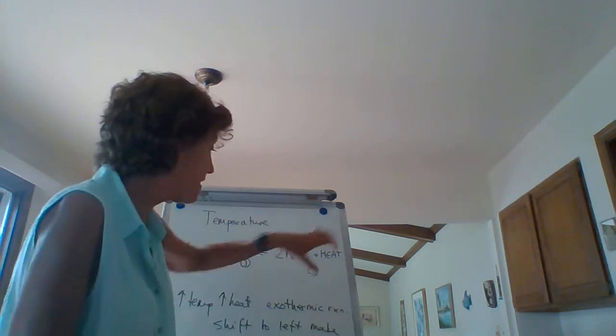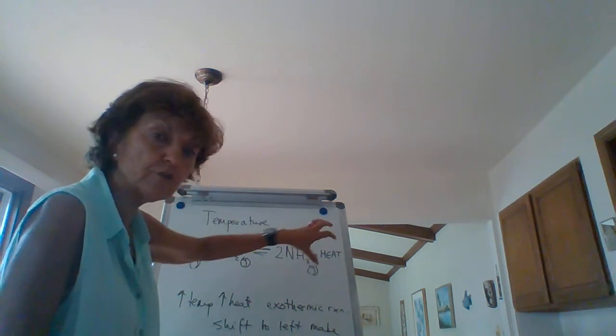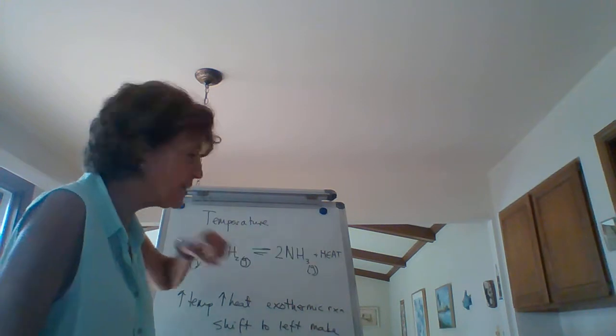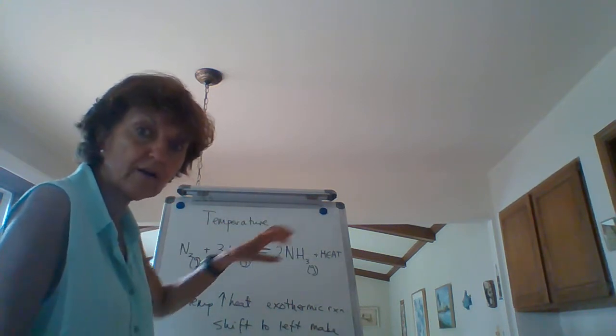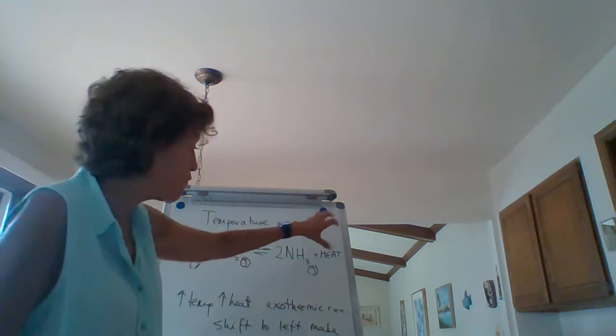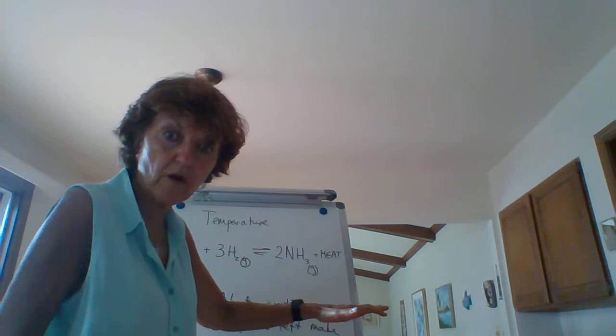If every time you run this, you run it at a cool temperature, you're taking heat away. If you take heat away, it's like removing some of the product. If you remove the product, remember what we said earlier, if you remove some of the product, the equilibrium is going to shift to try to make more product.